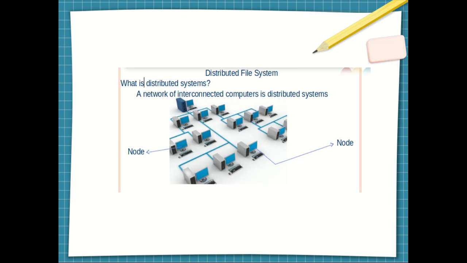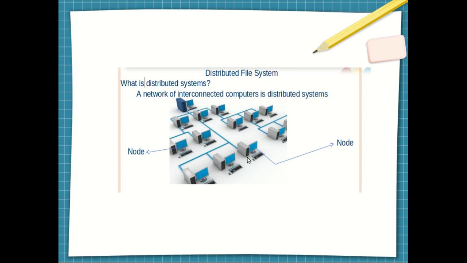Next is distributed file system. So what is a distributed file system? In a network, all these interconnected computers form a distributed file system. So this is a distributed environment. Let's say this could be one of your computers, this could be one of your laptops. Each computer or laptop is called a node.